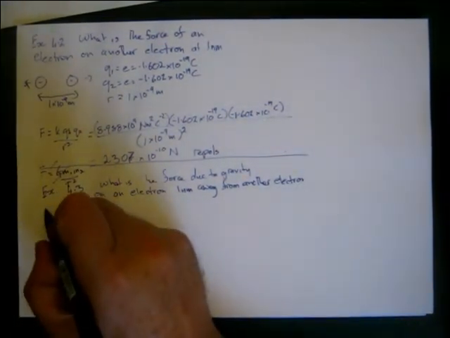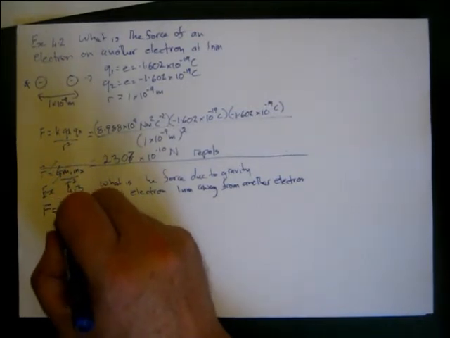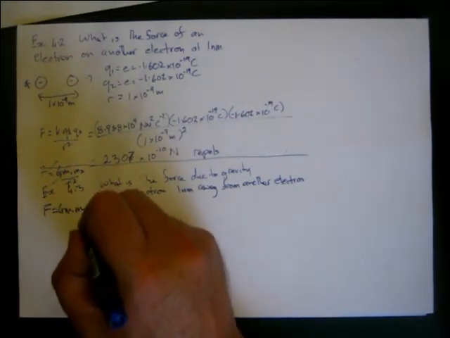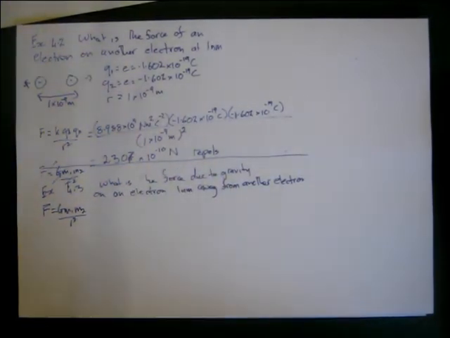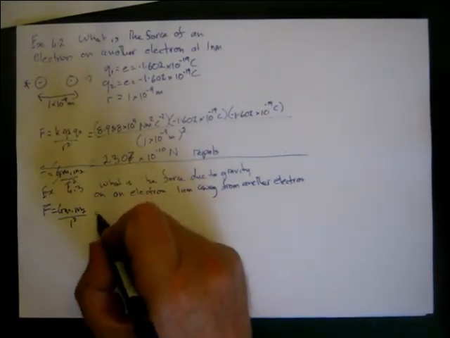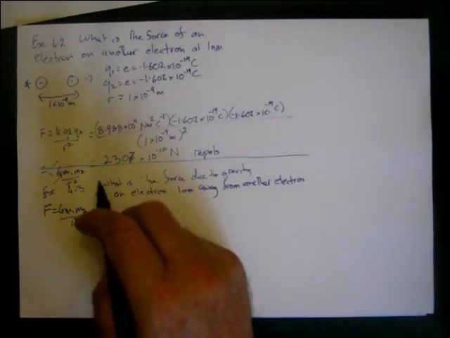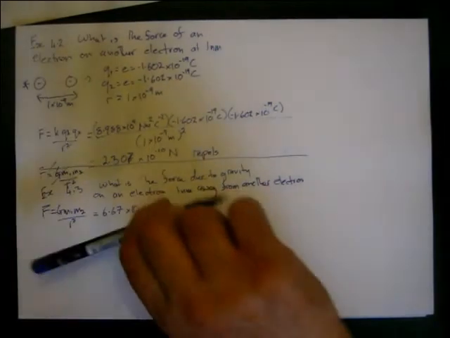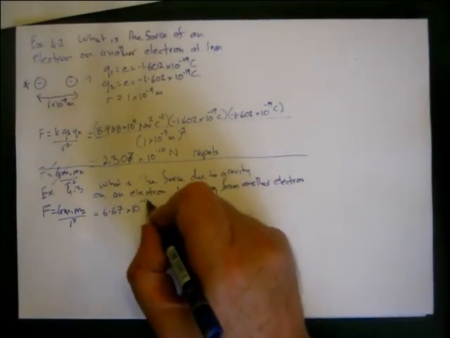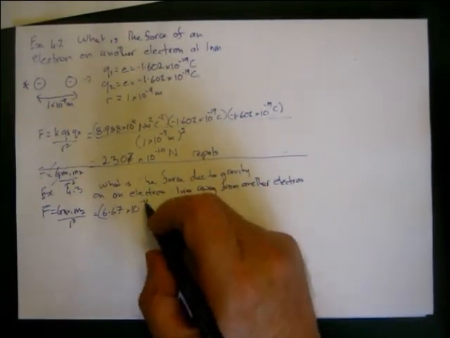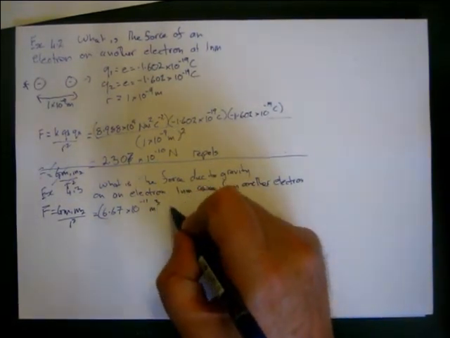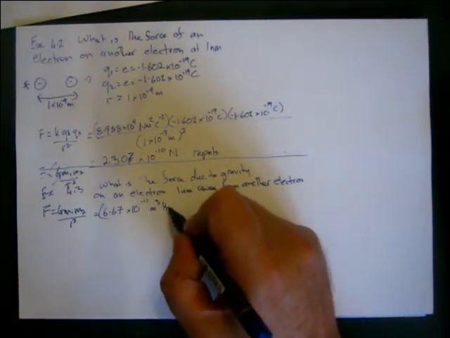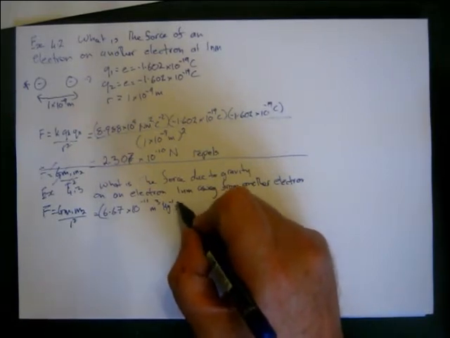So we're going to use the universal law of gravitation. F equals G m1 m2 over r squared. What's G equal to? 6.67 times 10 to the negative 11, and that's going to be meters cubed per kg per second squared.